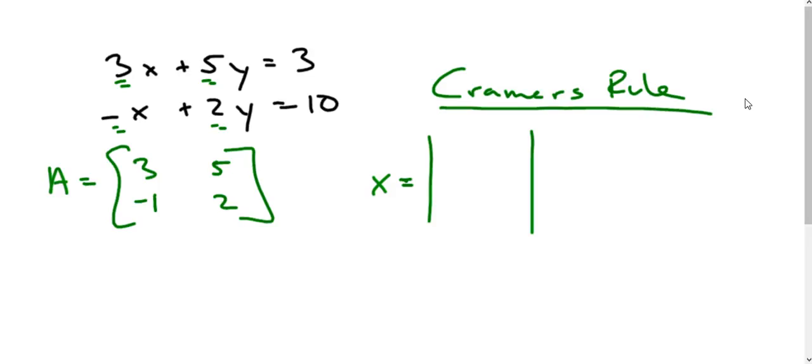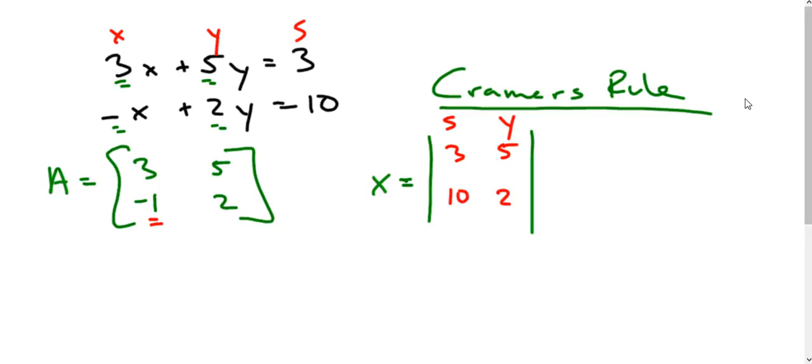So in this case, we can call this the S column, this the X column, and this is the Y column for our different coefficients. So to find X, we're going to take the determinant of S and Y. So what we're doing is replacing this column with our solutions column. So what we have then is 3 and 5, and we're going to have 10 and then 2.